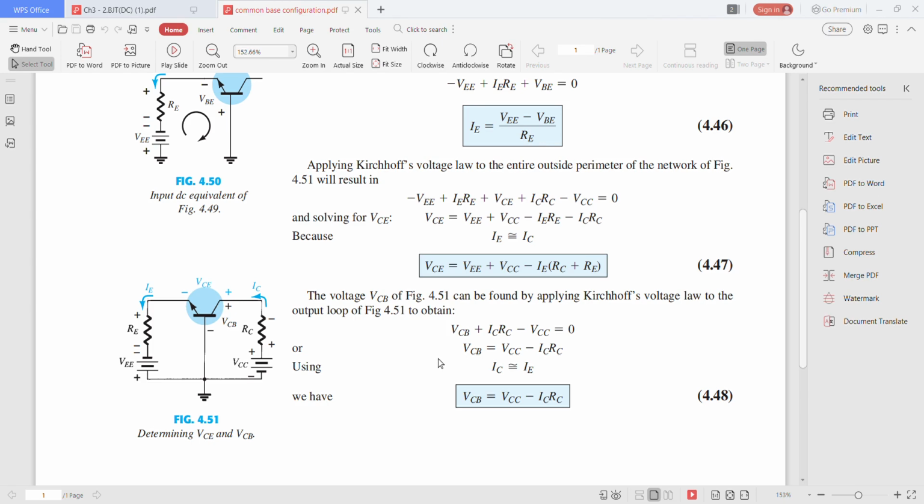So from here you will obtain VCB plus ICRC minus VCC equals 0. As you can see here, this is the equation.